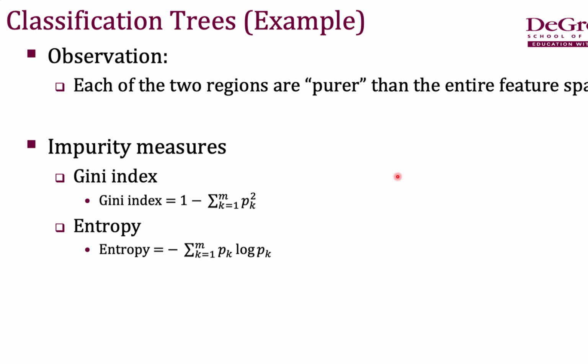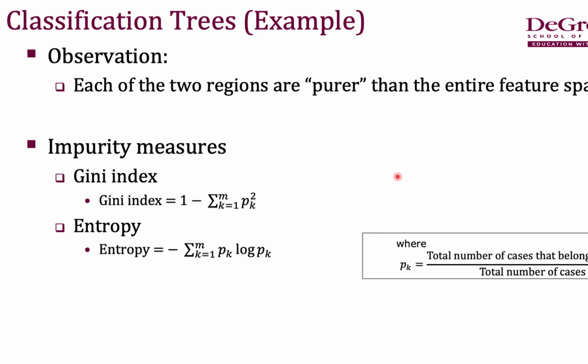I have the formulas here, but let's not focus on the mathematical details. All we need to keep in mind is that we have those two impurity measures that measure how pure a certain region is. If I have a low Gini index, or a low entropy value, it means that region is more pure.